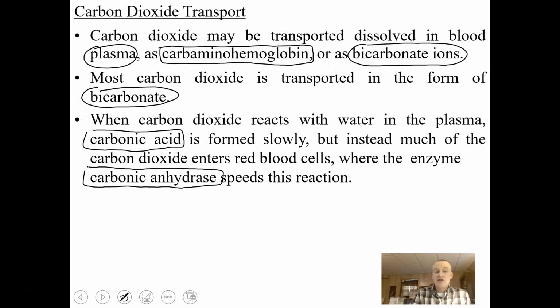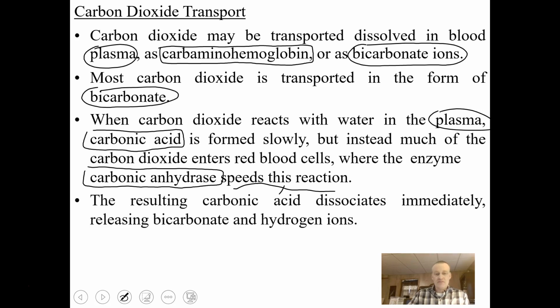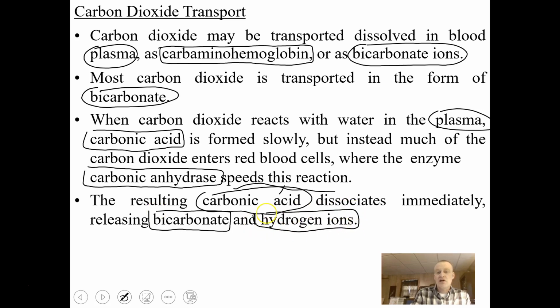When the carbon dioxide enters a blood cell, this reaction is sped up as opposed to in the plasma of the blood, because there are more enzymes inside of the red blood cell. This carbonic acid is going to dissociate into bicarbonate ions and hydrogen ions. And I'll show you what those things do in one minute.